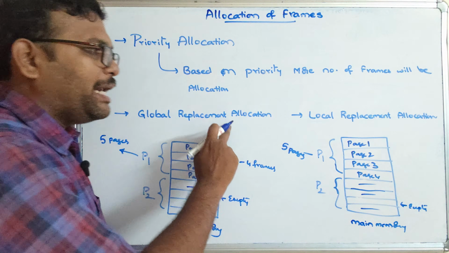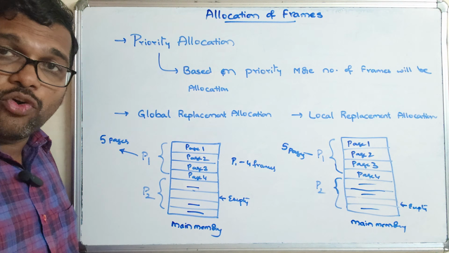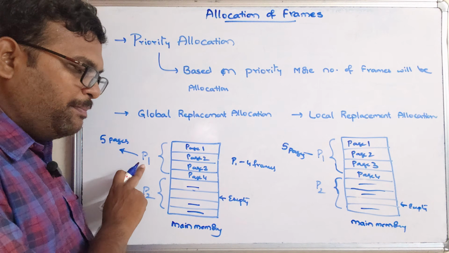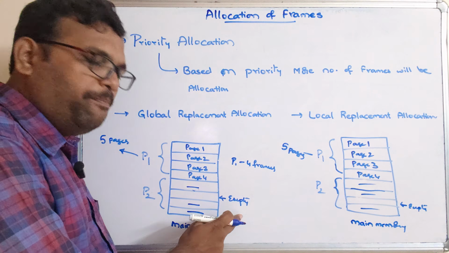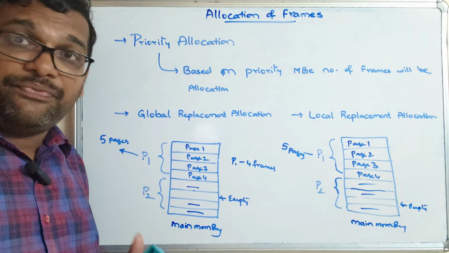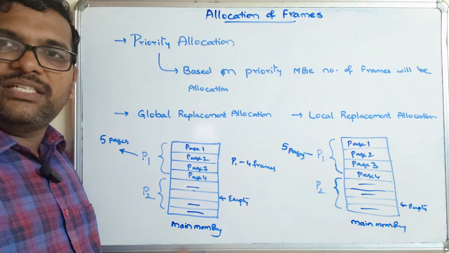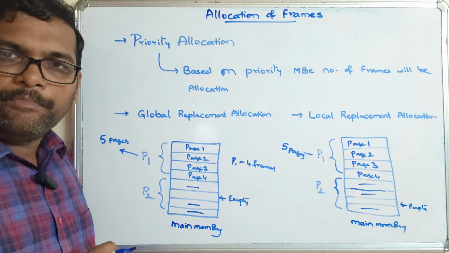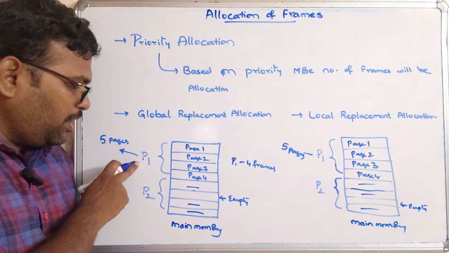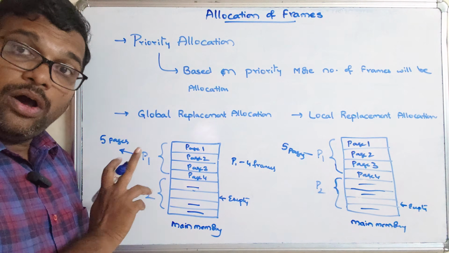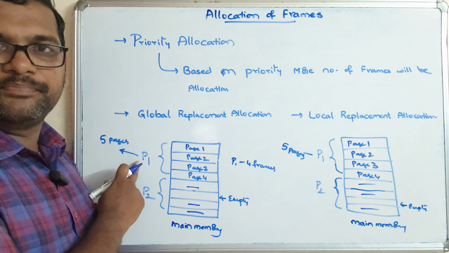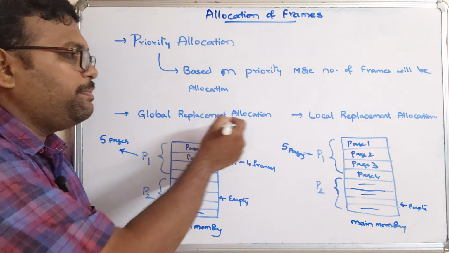So if it is a global replacement allocation, the page of P1 can be loaded into the empty frame of another process. So it can utilize the empty frames of any process in the main memory. So P1 can utilize the space of P2, or if required, P2 can utilize the empty space of P1. So this is called a global replacement.